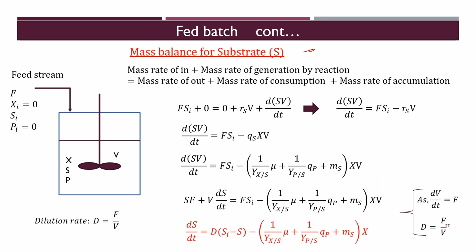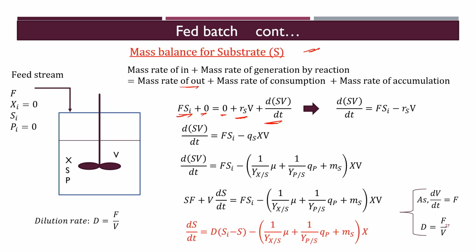Let us next do this mass balance for substrate. The same we will be doing: mass of substrate in, F into SI; mass of substrate generation 0; mass going out 0; and the rate of substrate utilization Rs into V plus rate of accumulation.